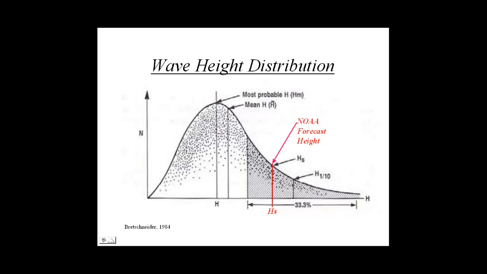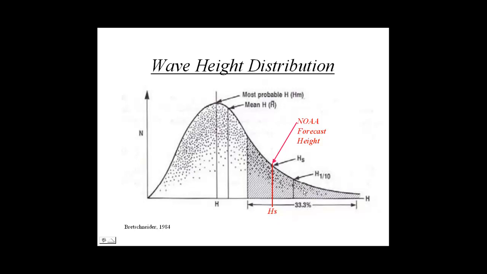And this says that at any given moment, statistically, here's your most likely wave height here, because you have most waves of that height traveling. But here's the NOAA forecast height of significant wave height, HS. In other words, this height along this scale, here is HS, significant wave height.